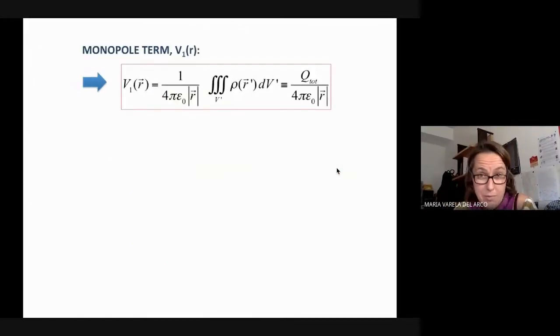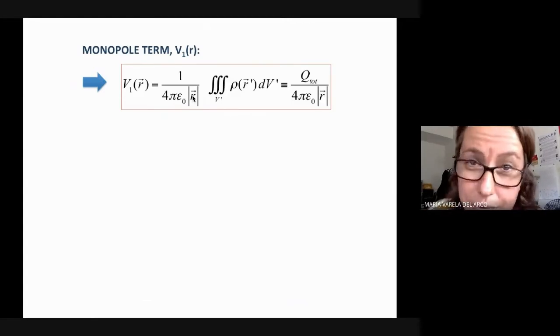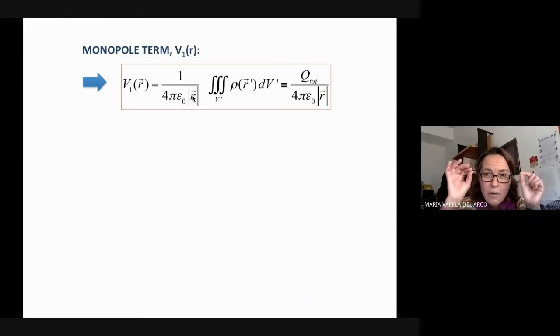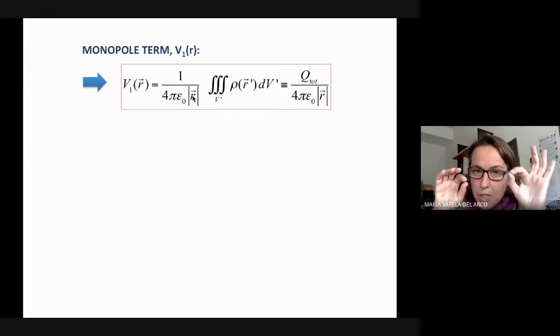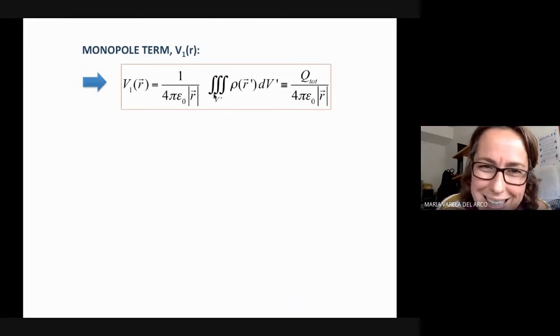My monopole term, what does this thing look like? It must look awfully familiar to you, because what do I have here? 1 over 4 pi epsilon naught r, the modulus of the distance. The distance from where? From the origin all the way out to the point where I'm calculating. Okay? Times the integral of rho dv over the volume of my sources.